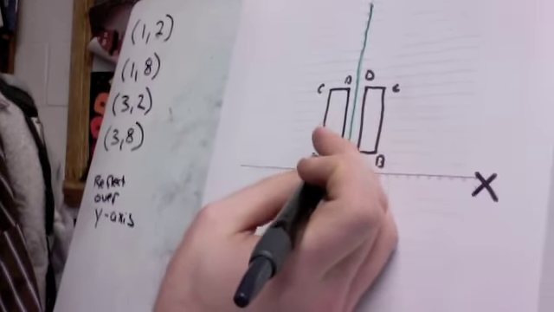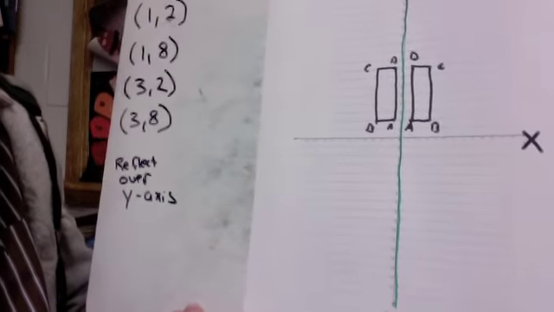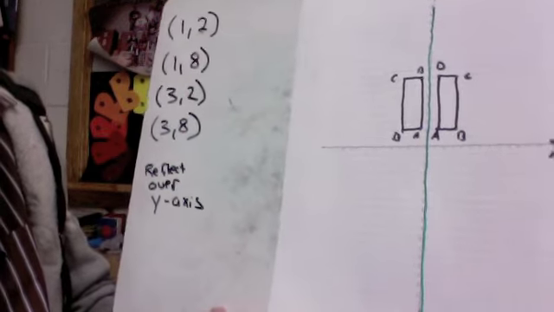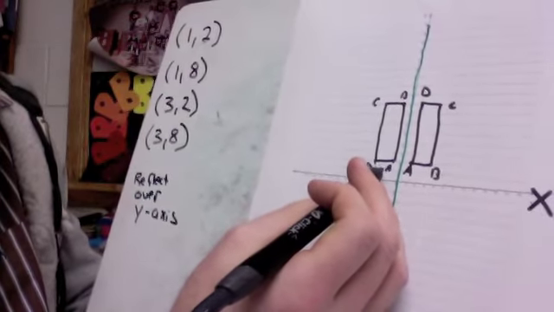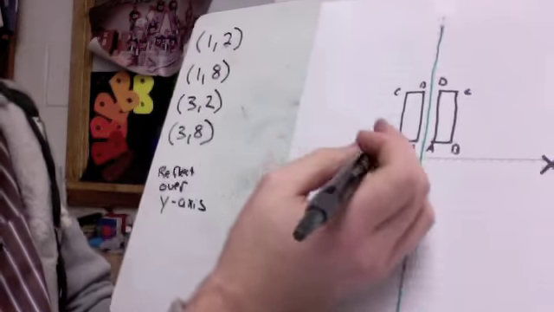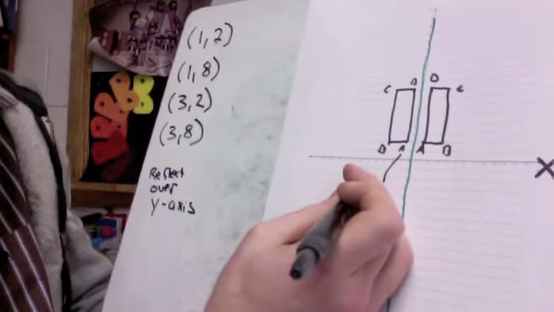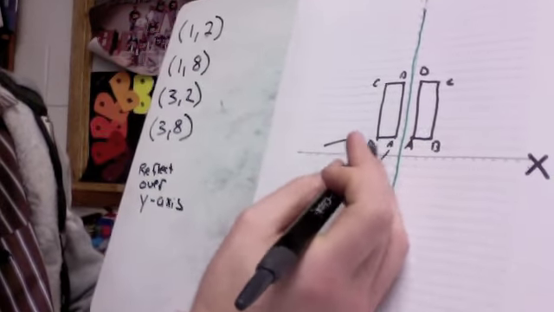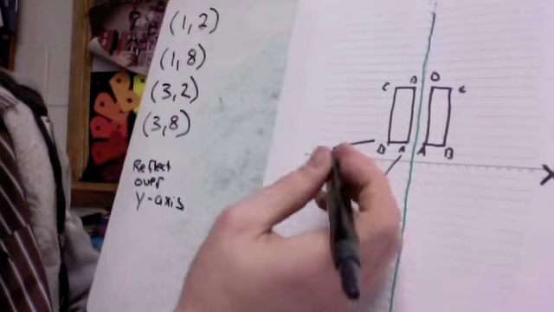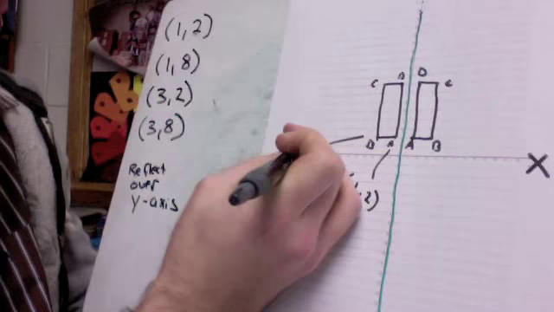Now if I draw my rectangle, I've got an actual mirror image here. And sometimes they ask you what your new points are. Our new points will be: A is going to be (-1, 2). B is going to be (-3, 2).